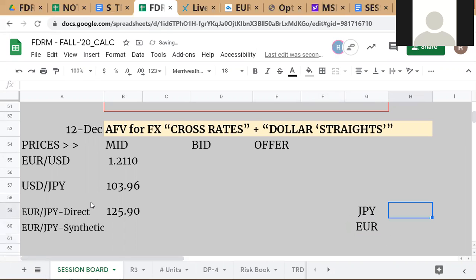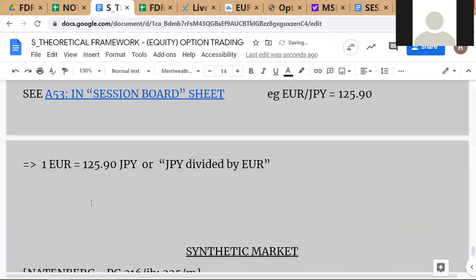So it is actually JPY per euro. So when we say euro yen is 125.90, it is a bit like saying that we divide the yen by the euro. Okay, so the numerator is the JPY. Okay, maybe we can write it here. That is 1 euro is equal to 125.90 yen.